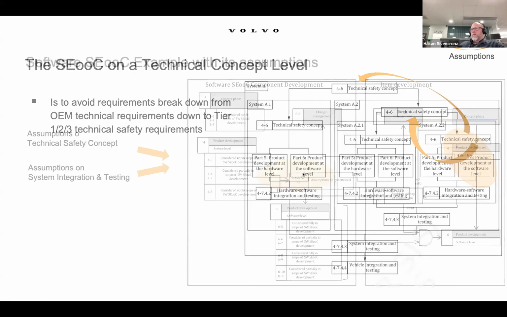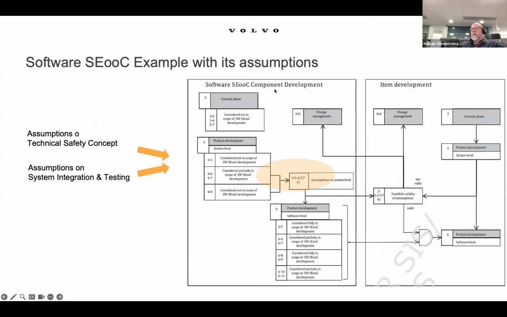So we can continue. If you look at this system again, this is from the standard again that we wrote, wow, so many years ago. But if you have the concept piece, this is software component development. You have made so many assumptions. You are, for example, delivering a LiDAR.